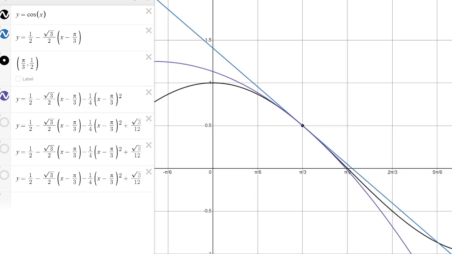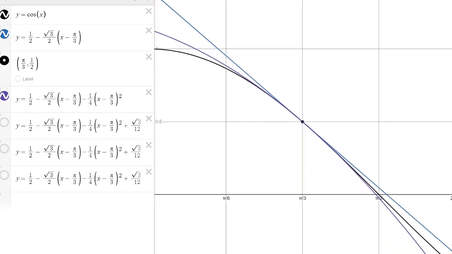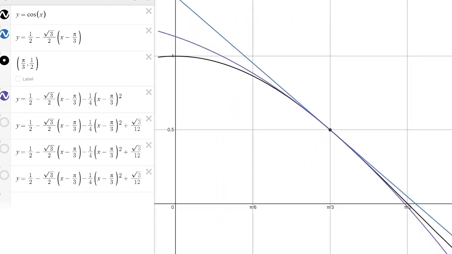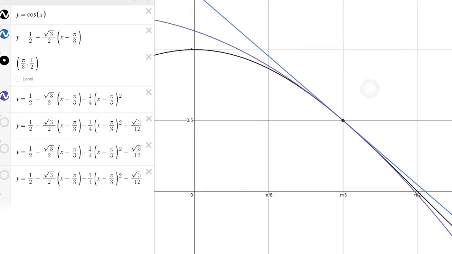And here we can see that it does a much better job of approximating this curve than the tangent line, right? The distance between the black curve, y is equal to cosine of x, and the purple curve, the quadratic function, is so much smaller than the difference between the original curve and the tangent line. And we didn't even have to zoom in all that much to see that our quadratic function does a much better job approximating our original function.